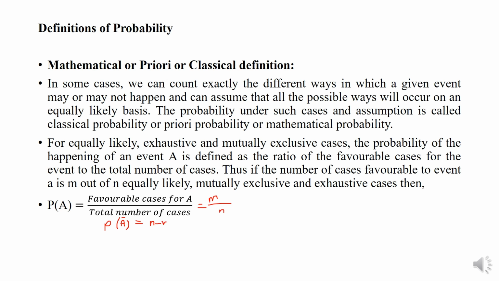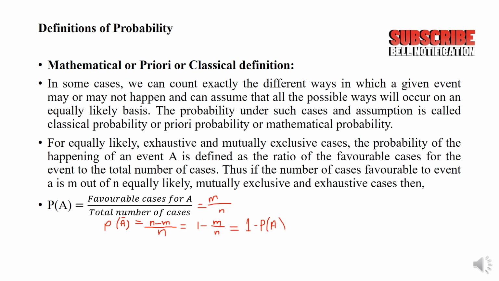Or we can write it as 1 minus m by n, or we can say 1 minus P of A. So probability of A bar is equal to 1 minus probability of A.